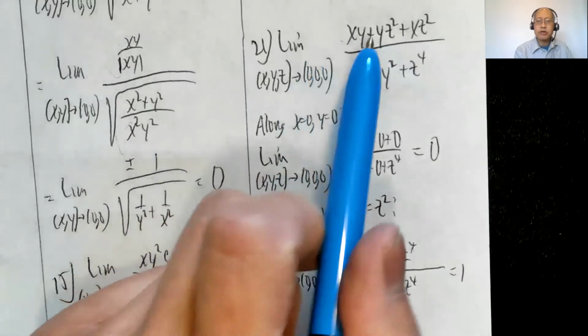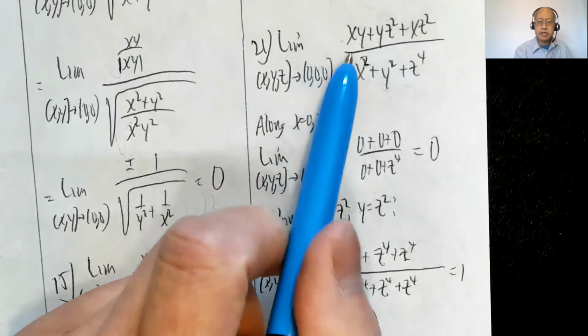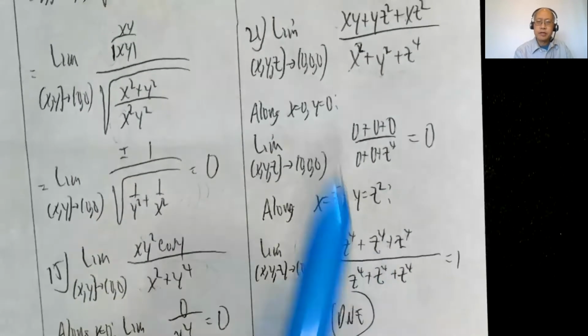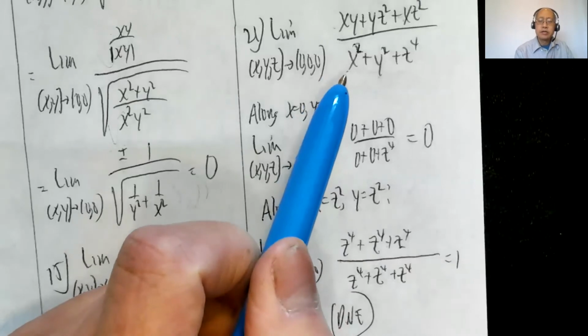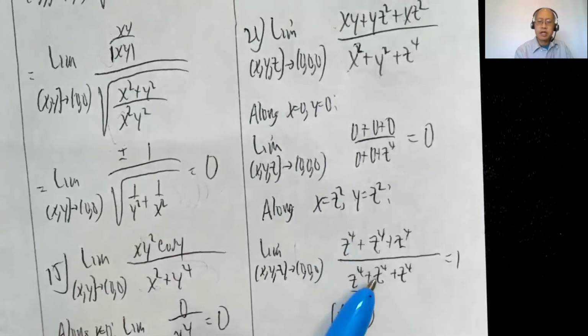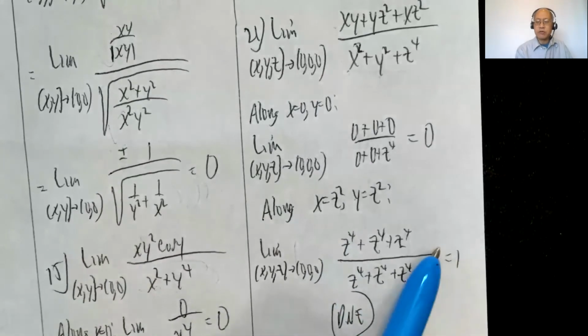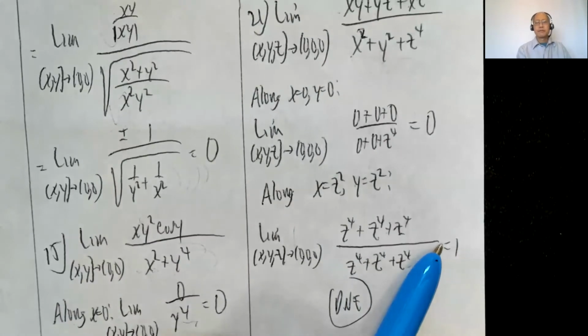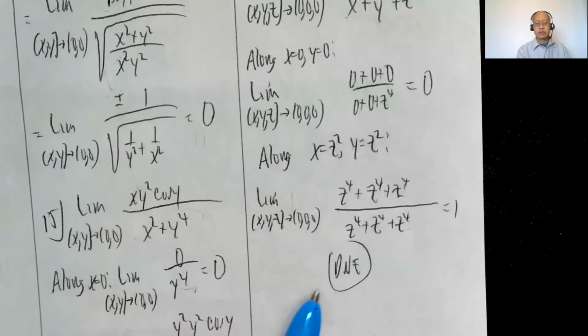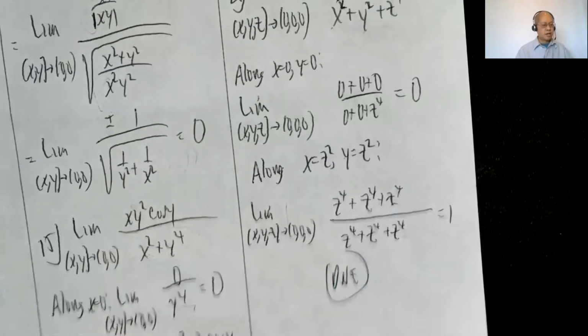So I get z to the 4th, z squared plus z squared, z to the 4th plus z squared, z to the 4th, over z squared, z to the 4th, another z squared, z to the 4th, plus z to the 4th, and that's equal to 1. All right, so I have one path approaching 0, the other approaching 1. So again, the limit does not exist in this particular case.